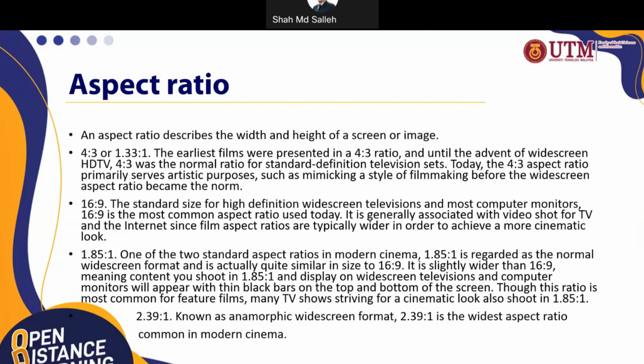Nowadays we use widescreen HDTV, as opposed to the standard television set. So this is using ratio 16:9. This is some ratio used while capturing the video format.